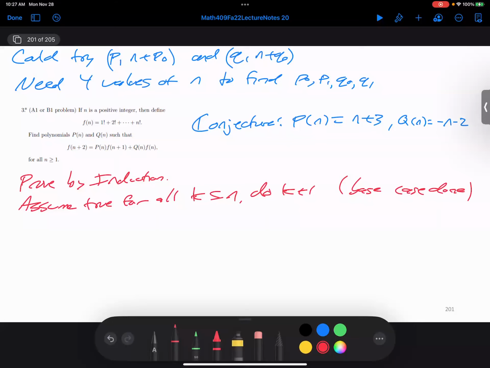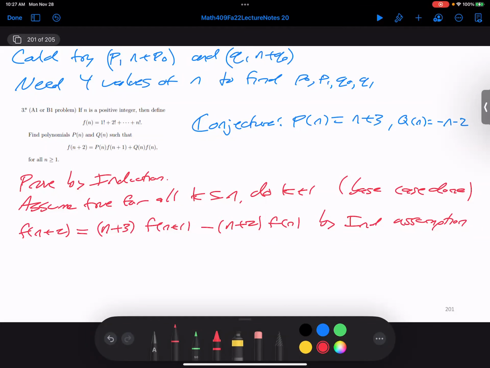So we would have F(n+2) is equal to (n+3) F(n+1) minus (n+2) Fn by inductive assumption.